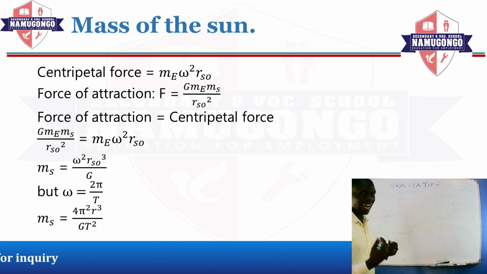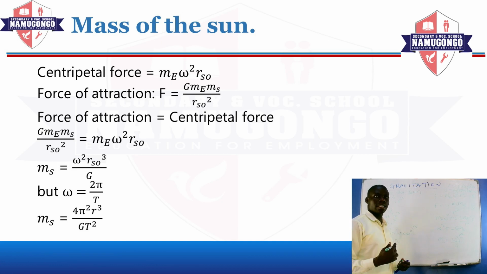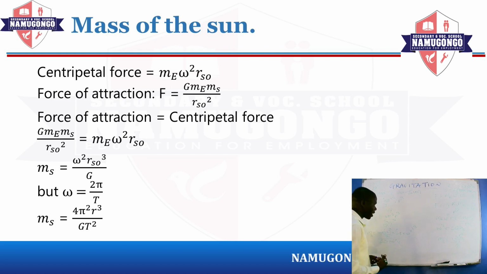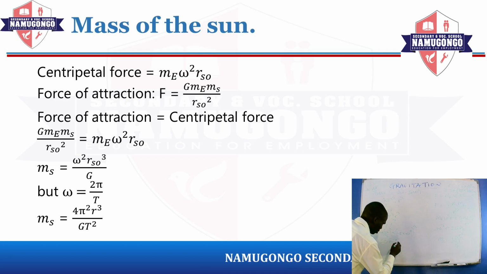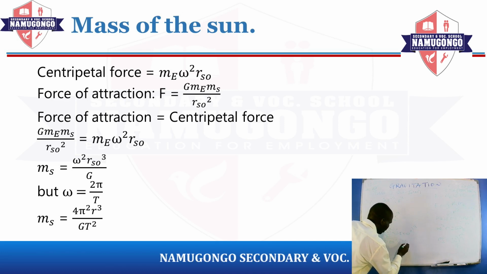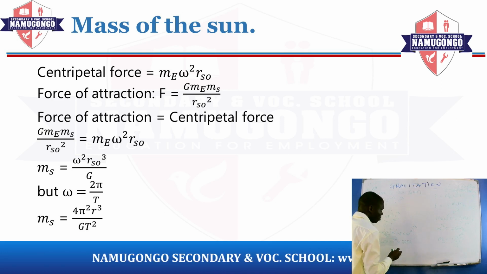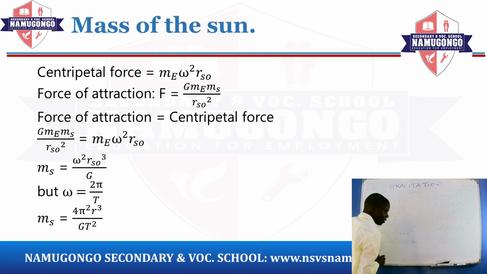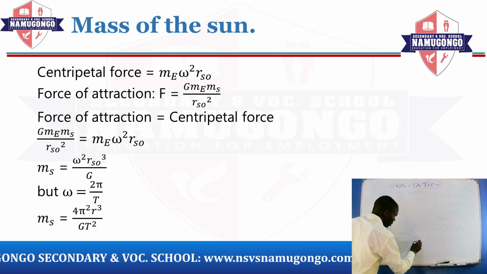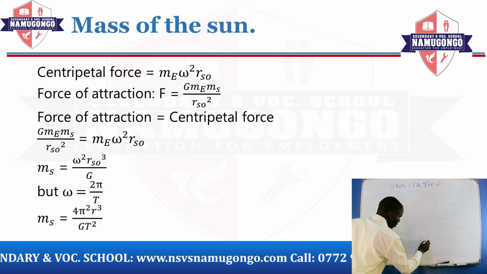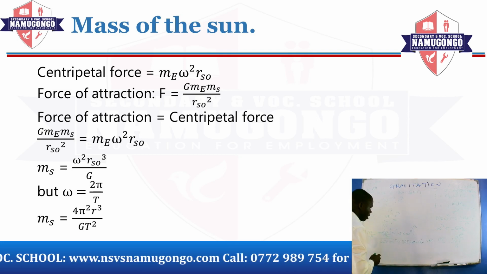The time which the earth takes to revolve round the sun is equivalent to 1 year, and 1 year has 365 days. So we shall convert that one to time in seconds. We shall have 365 days times 24 hours in 1 day times 60 minutes in 1 hour times 60 seconds in 1 minute.